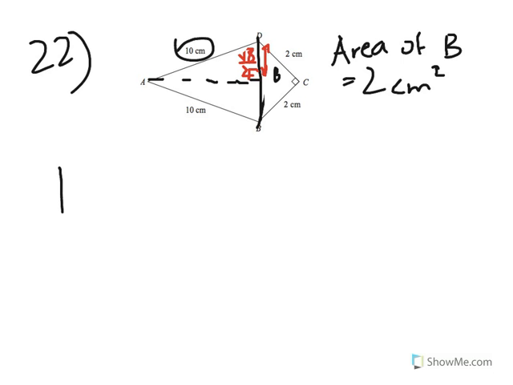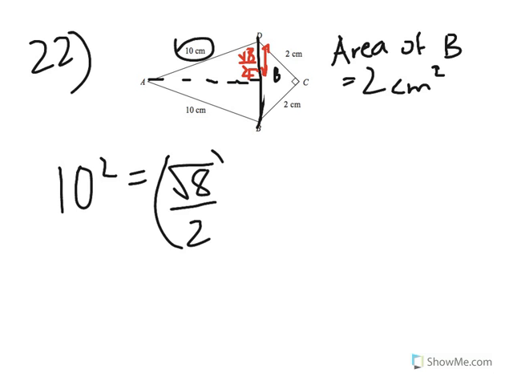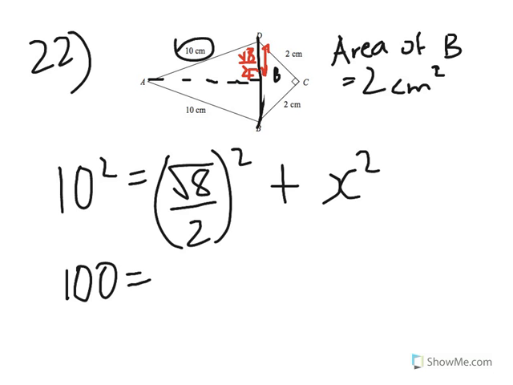So in this case, 10 squared is equal to root 8 over 2 squared plus, let's call it x squared. So 100 is equal to root 8 squared over 2 squared, plus x squared.